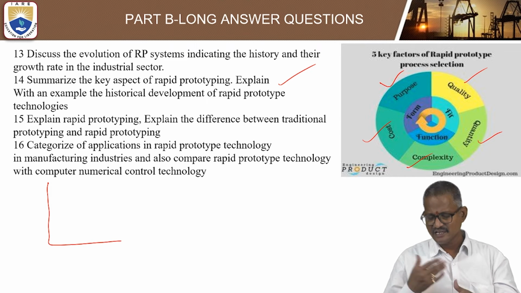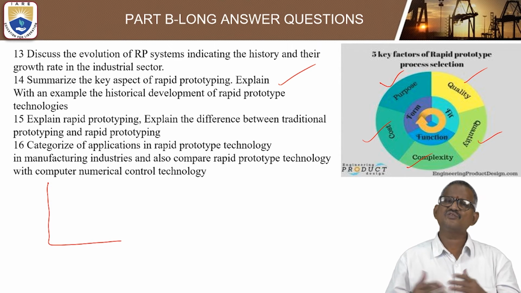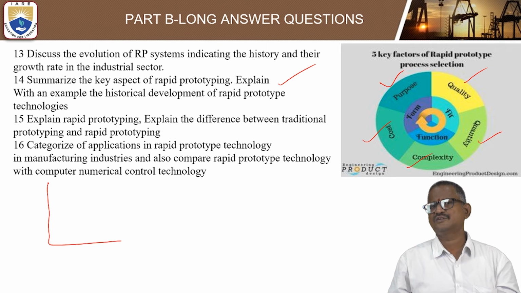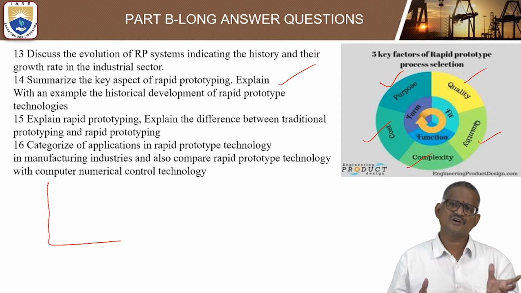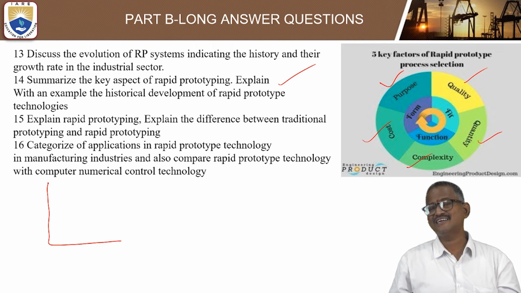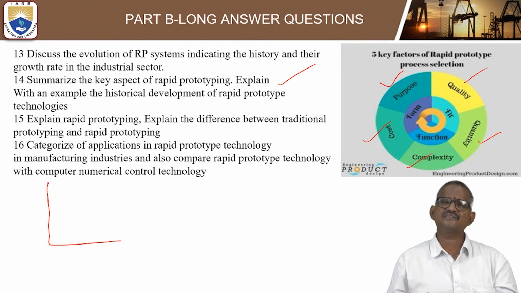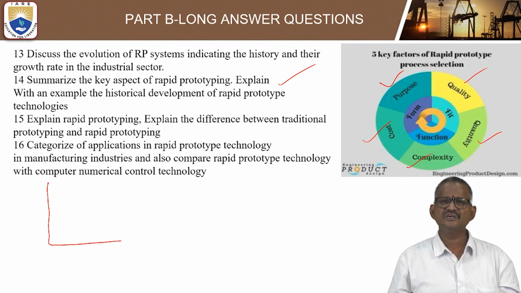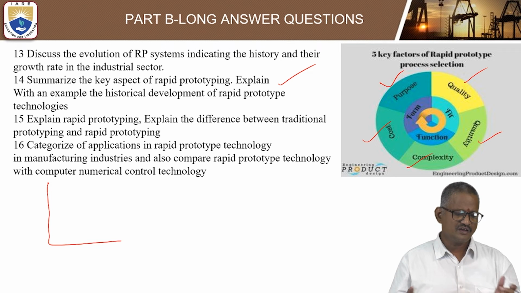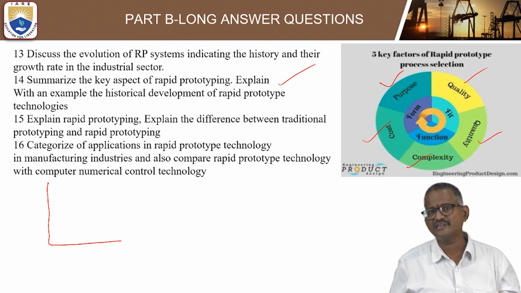That is why the fast growth is still going on. In future also there is a lot of scope, as consumer and industrial sectors can be improved. Okay, so this is the long answer you should be able to explain clearly.